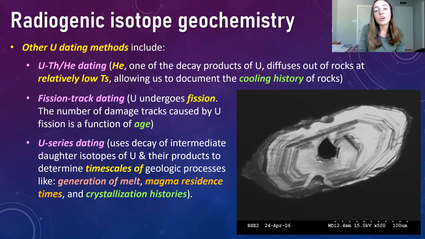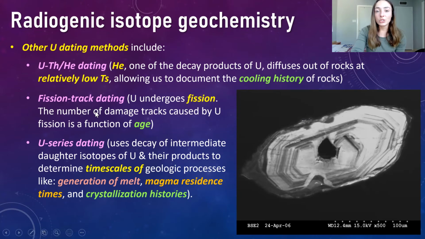Quickly, before we move on to isotopic petrogenesis, there are a few other ways that we can use uranium dating methods, and these include uranium-thorium-helium dating. This method is used to document the cooling history of rocks because helium, one of the decay products of uranium, diffuses out of rocks because, like argon, it likes to be a gas, and because it diffuses out of rocks at relatively low temperatures, it can allow us to document the cooling history of rocks.